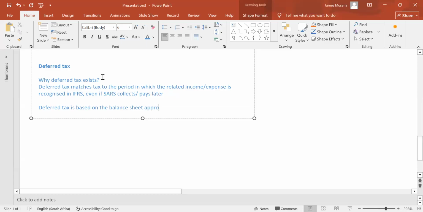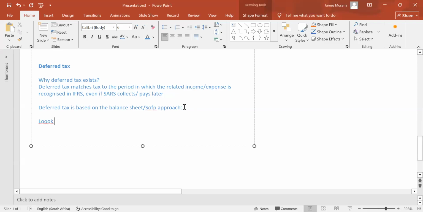It is based on the balance sheet approach. Now, basically, balance sheet approach or your statement of financial position approach. So, basically, yeah, balance sheet, statement of financial position approach.